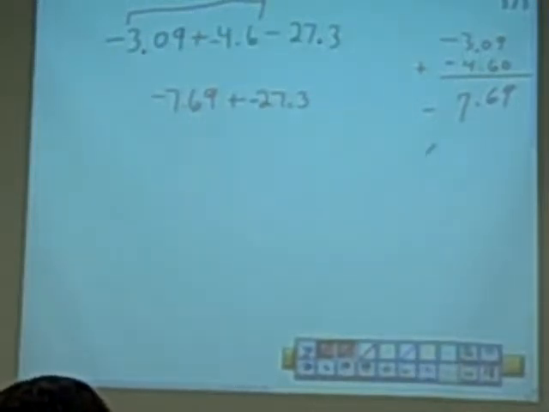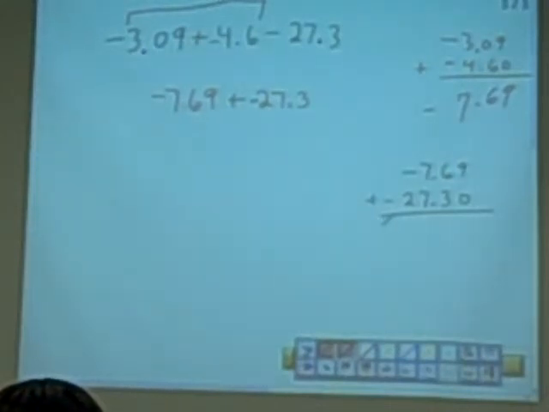So again, off to the side, we're going to put a negative 7.69 plus a negative 27.3. We still have to line up the decimal points, right? Put a 0 here after the 3.